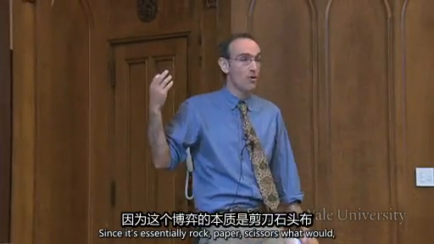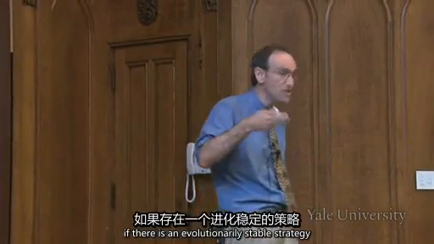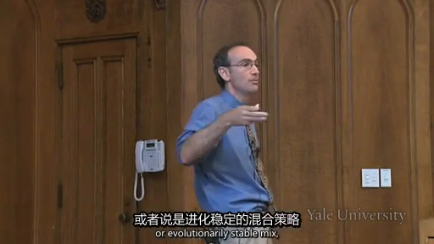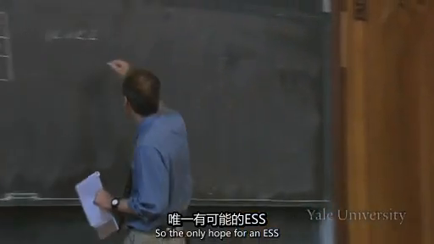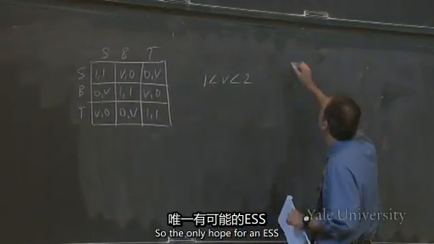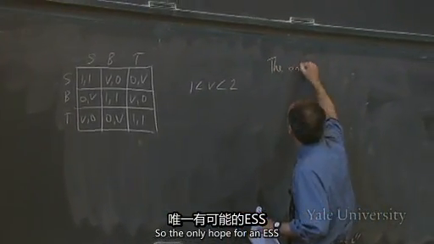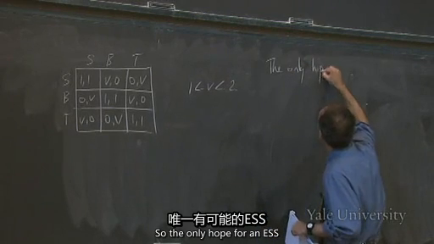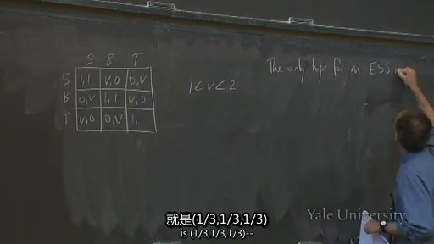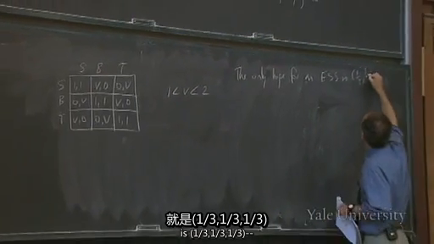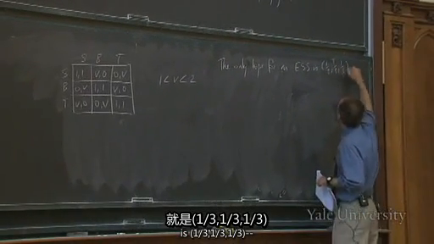If there is an evolutionary stable mix, what must it be? 1/3, 1/3, 1/3. So the only hope for an ESS is 1/3, 1/3, 1/3.